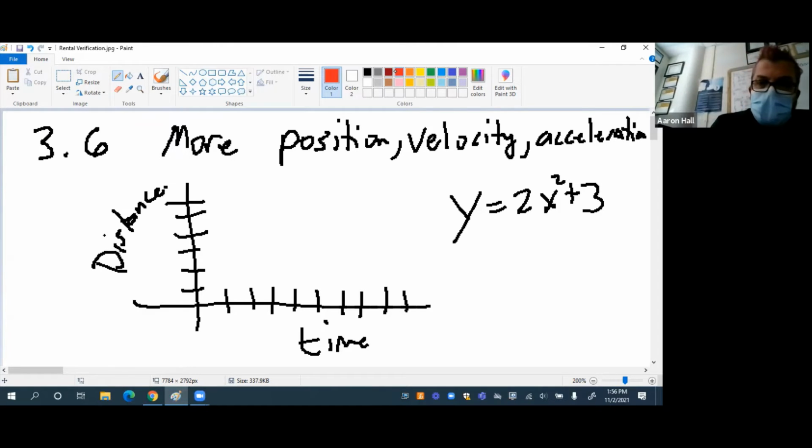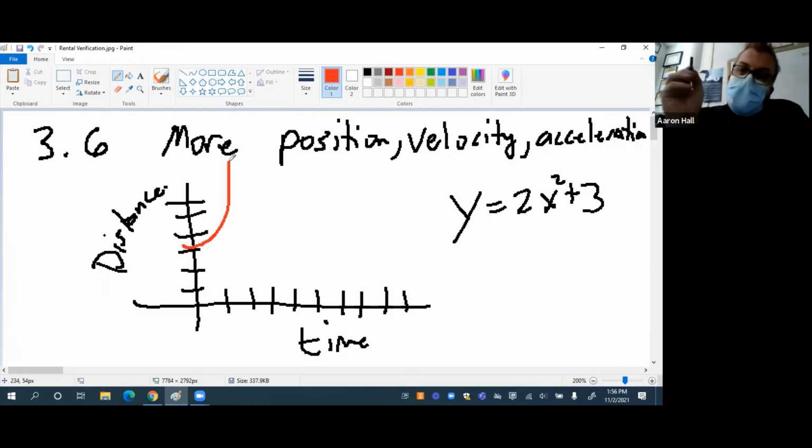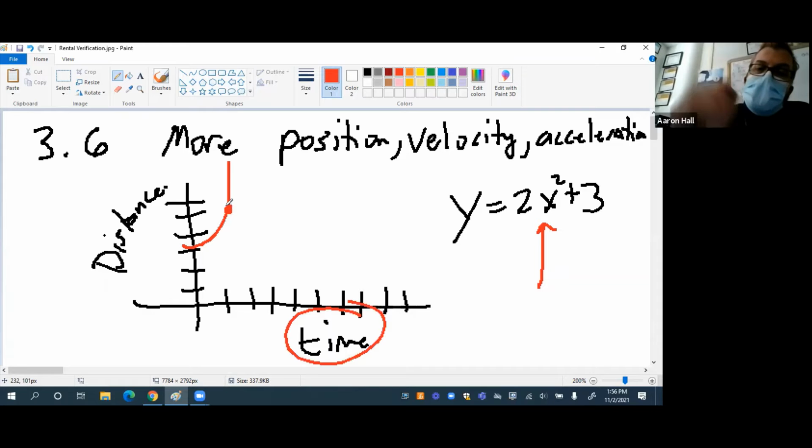If this graph represented position, then whatever value I plugged in for x, that would be my time, it would tell me my position at that particular time. That's why we would call this a position function.